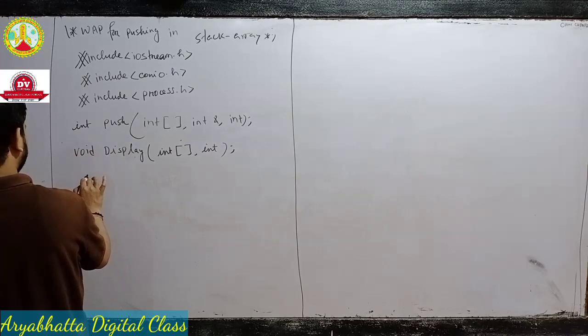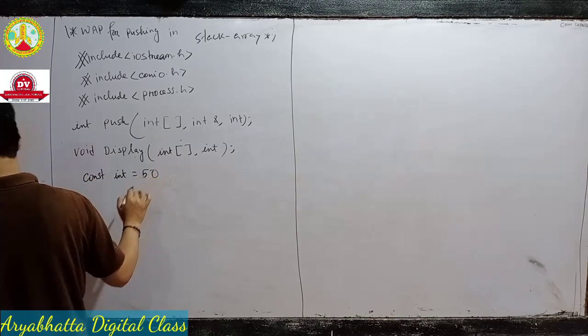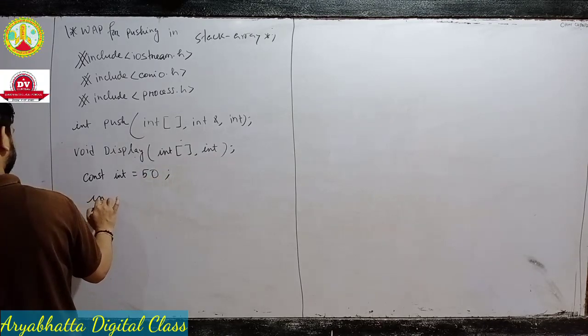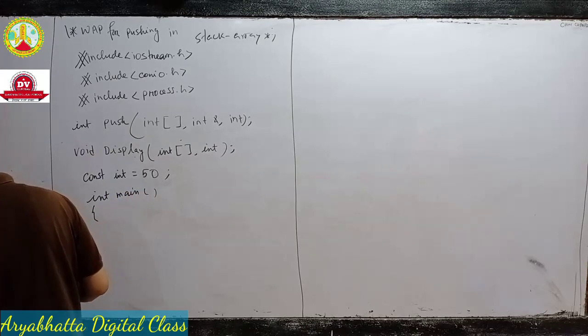You have to take a constant integer variable 50, means we insert up to 50 elements. Now comes the main function.